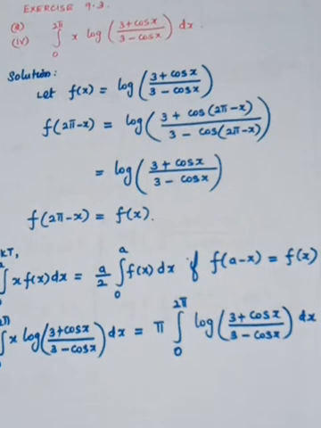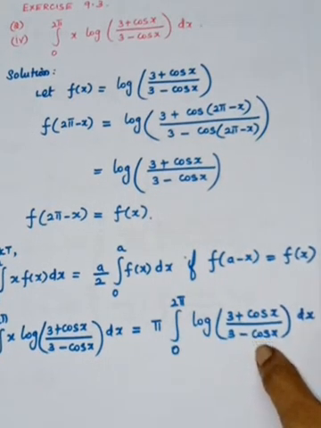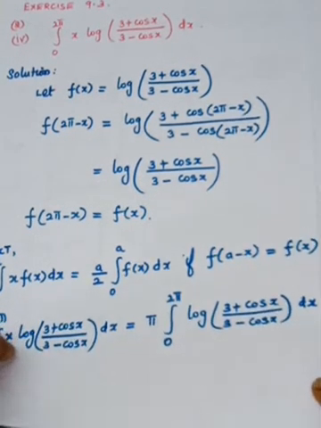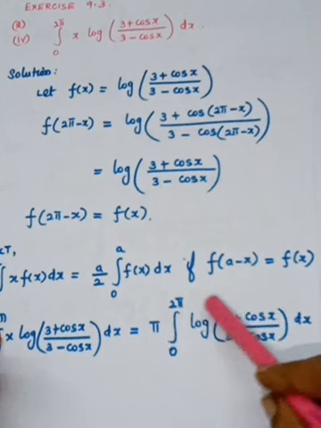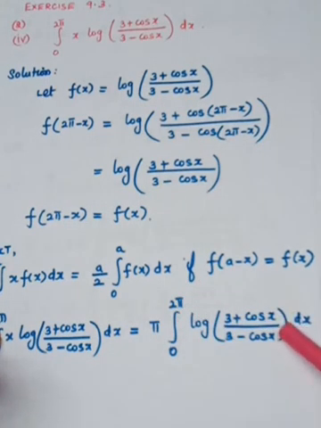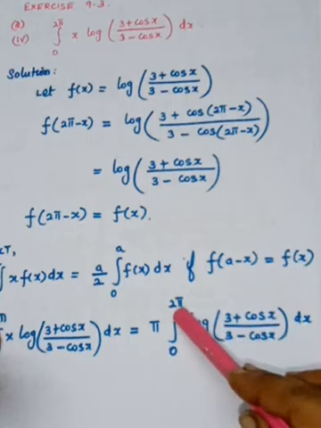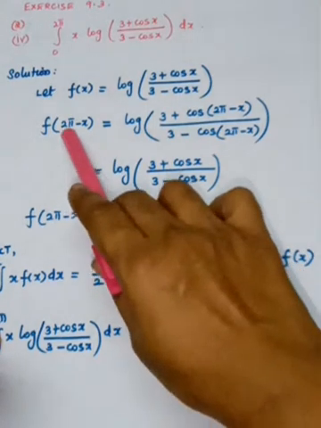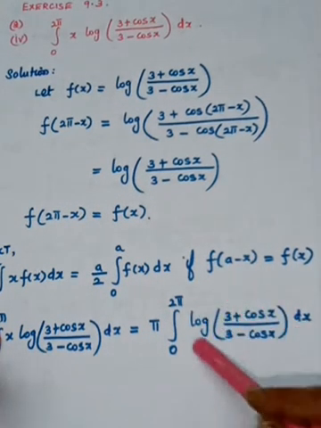Okay, so now what you have to do? You have to use the next one, 0 to 2a f of x dx. If you replace x by 2 pi minus x, we have already seen there is no change in it.